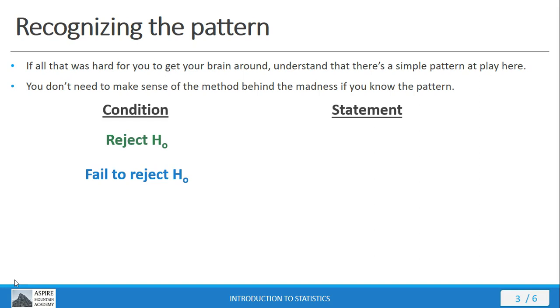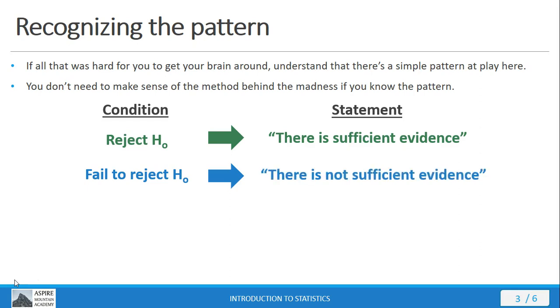If we reject the null hypothesis, we're going to use the language, there is sufficient evidence. If we fail to reject the null hypothesis, then we're going to say that there is not sufficient evidence. So that's the first piece of the statement that we need to make. There either is or is not sufficient evidence, and it's directly tied to whether we reject the null hypothesis or fail to reject the null hypothesis.